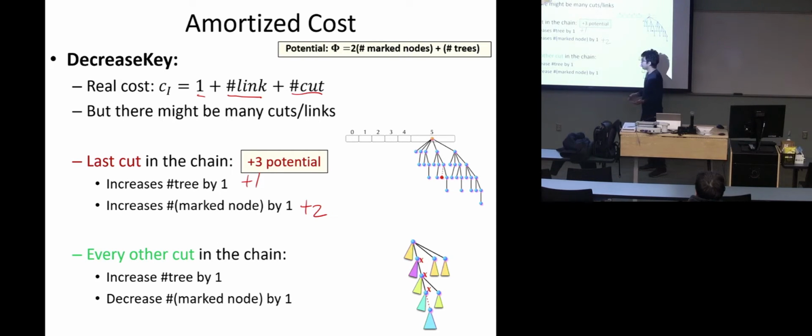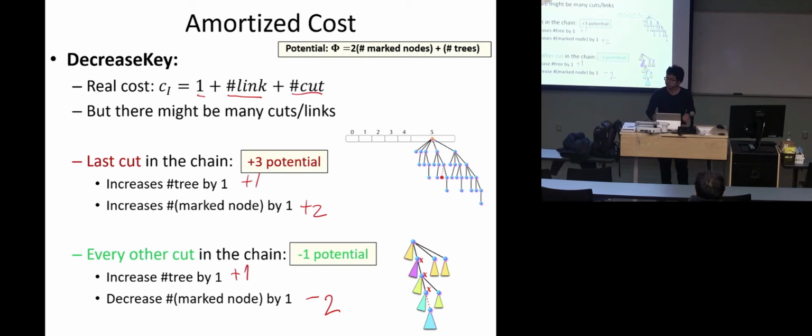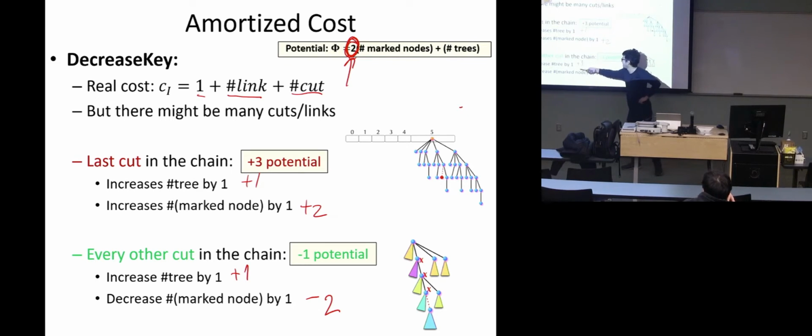Which means the change in potential is now minus 1, because this is minus 2, this is plus 1. This is exactly why we choose the coefficient there to be 2. This is so that this thing is stronger than this thing, so you get a decrease in potential, which is good for you.